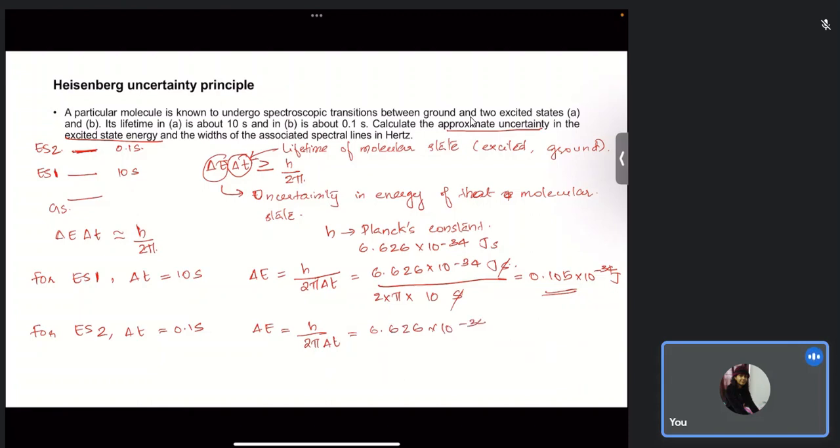When we do similar math here, you can see that the uncertainty in the energy has increased as the lifetime has decreased, so 10.5 into 10 to the power minus 34 joules. So when delta T has reduced, delta E has increased.